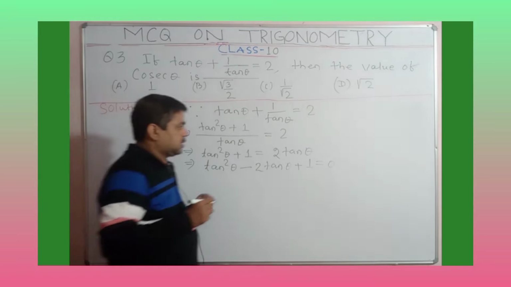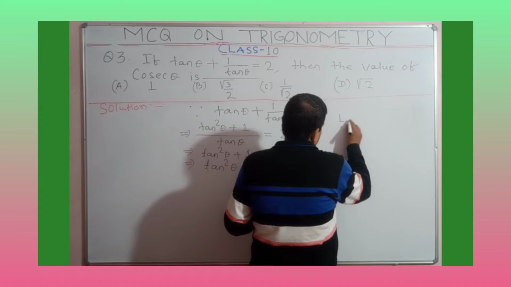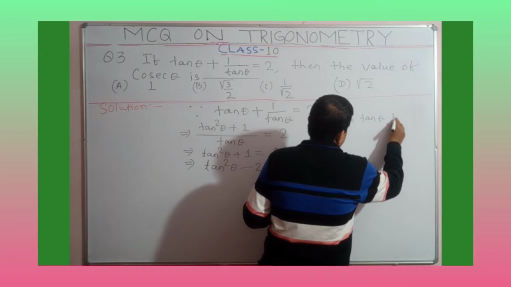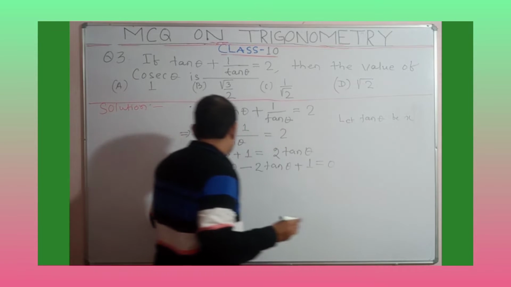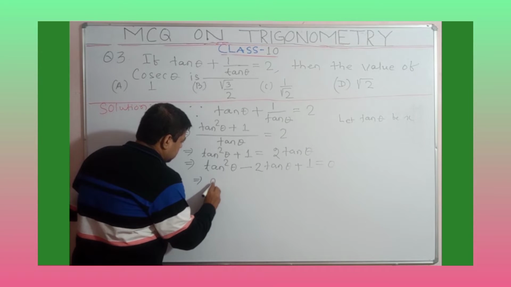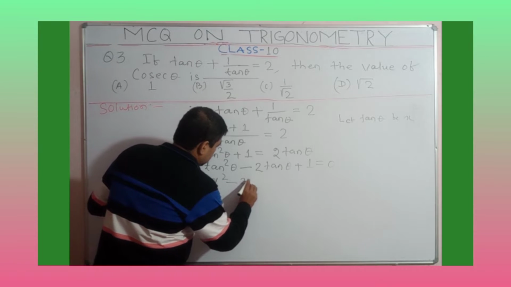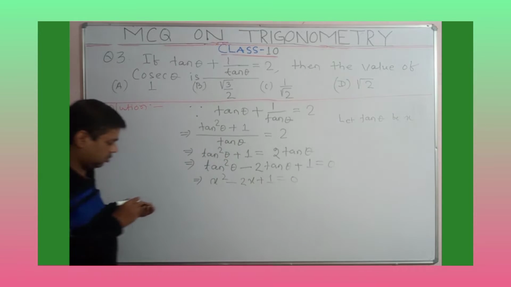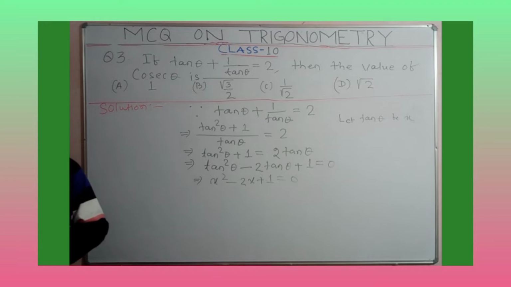Understand? Let tan theta be x. So that implies x square minus 2x plus 1 is equal to 0. Understand?